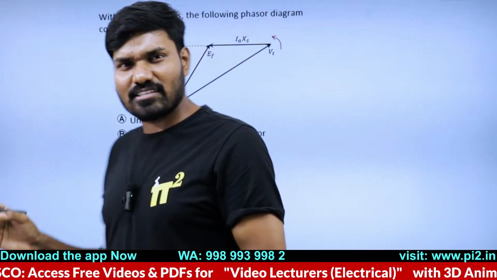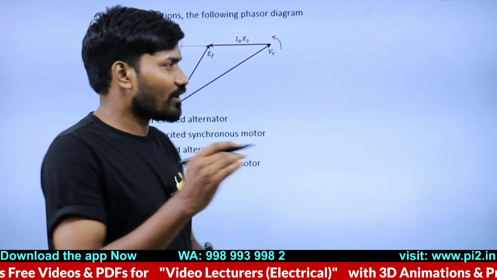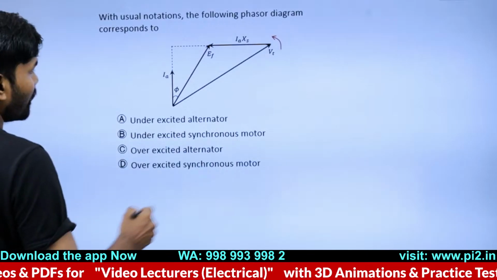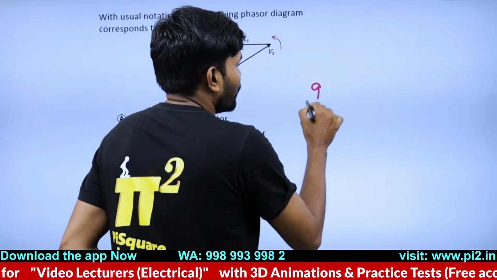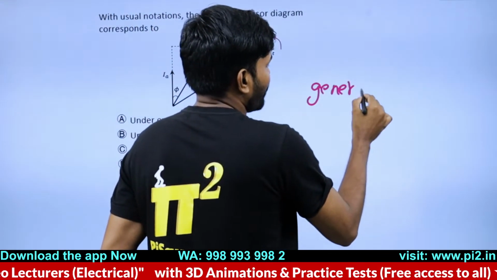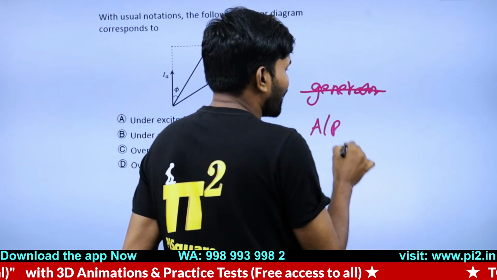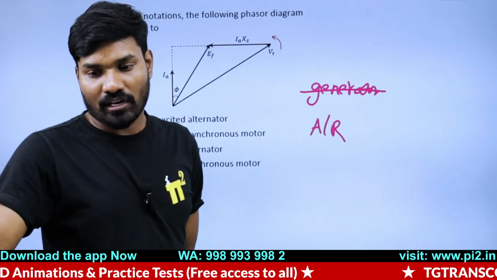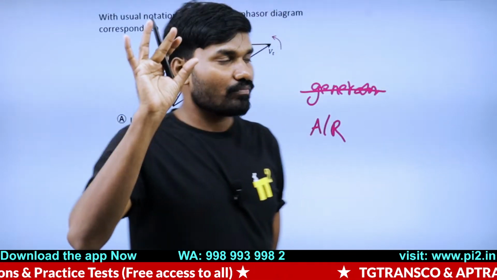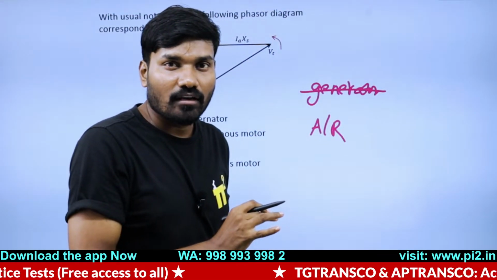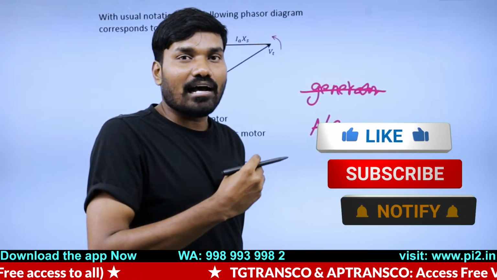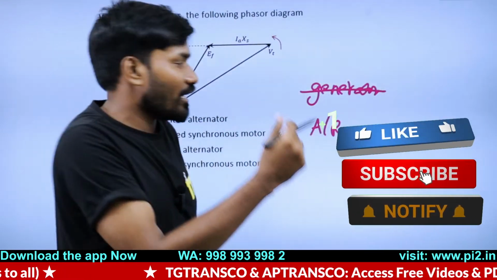There are a couple of ways. One of the simplest ways: in a generator, or to be more precise, in an alternator, I want an answer from every one of you. I'll ask a simple question. In an alternator, what is the initial voltage which is coming up?